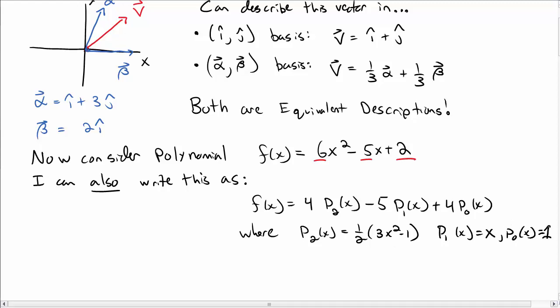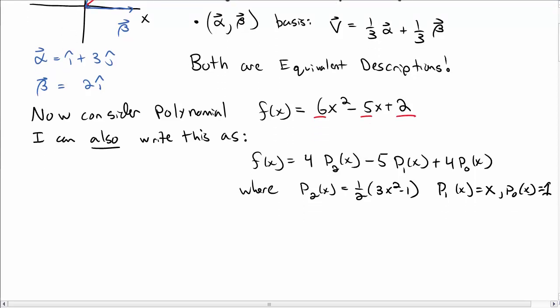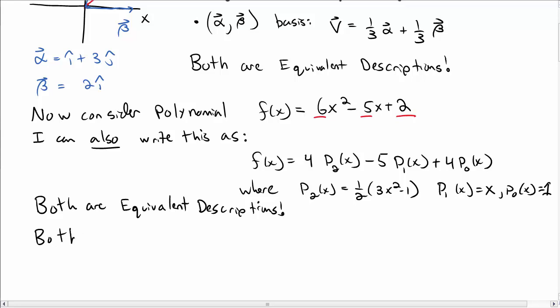These are the so-called Legendre polynomials that you will probably see in different contexts. So I can equally write the polynomial in either of these two ways, and you can check that they're the same. Again, both of these descriptions are completely equivalent to each other. So the similarity between these leads us to a generalized idea of what we mean by a vector space.